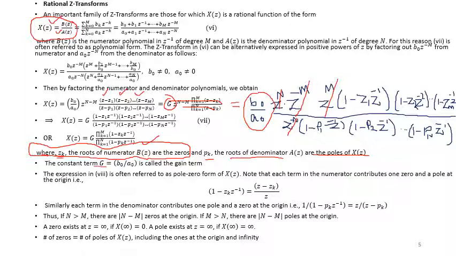Whereas G, which is equal to B naught over A naught, is called the gain term. So the expression in the numerator and denominator is referred to as the pole-zero form of X of z.